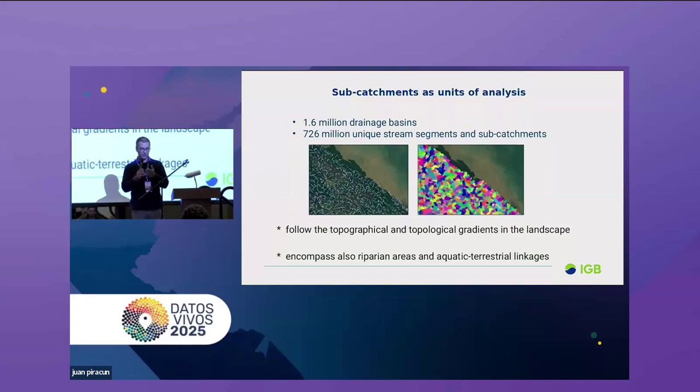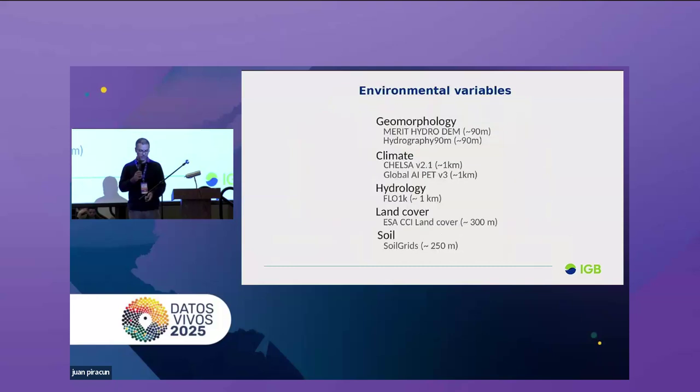These units of analysis follow the topographical and topological gradients in the landscape. They take into account the longitudinal connections within the network, but also the latitudinal connections, because the subcatchment not only encompasses where the water is, but all the surroundings. This could be considered the lateral connection. And for biogeographical and biodiversity analysis, we thought this is the right unit of analysis.